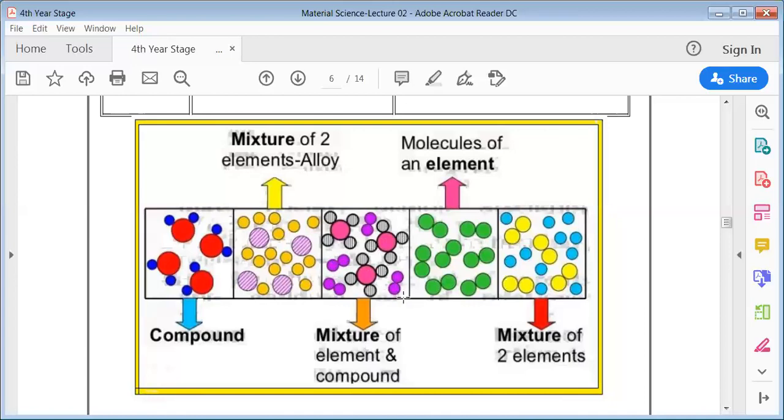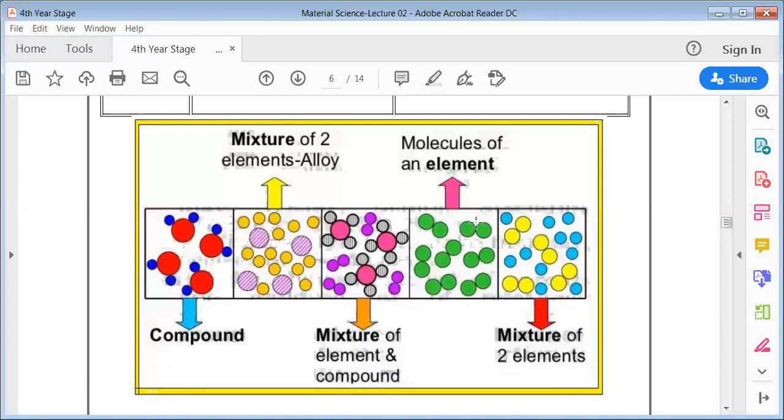So this is a mixture of elements and compounds. If you look at this one, you have again two atoms combined, but they are identical. This one, this one, this one, this one, and this one, and lastly this one, all of them exactly similar to each other. So these are molecules, because when these two atoms combine, we do not call them atoms, we call them molecules. So a molecule is a combination of atoms.